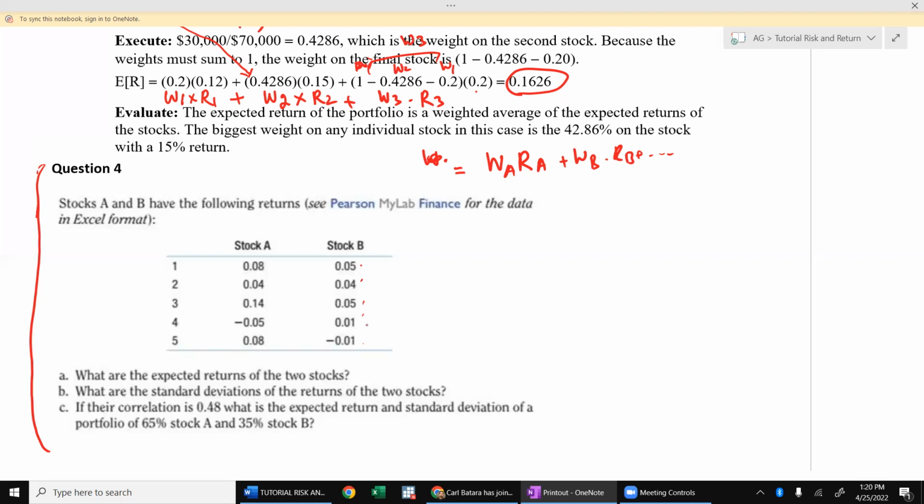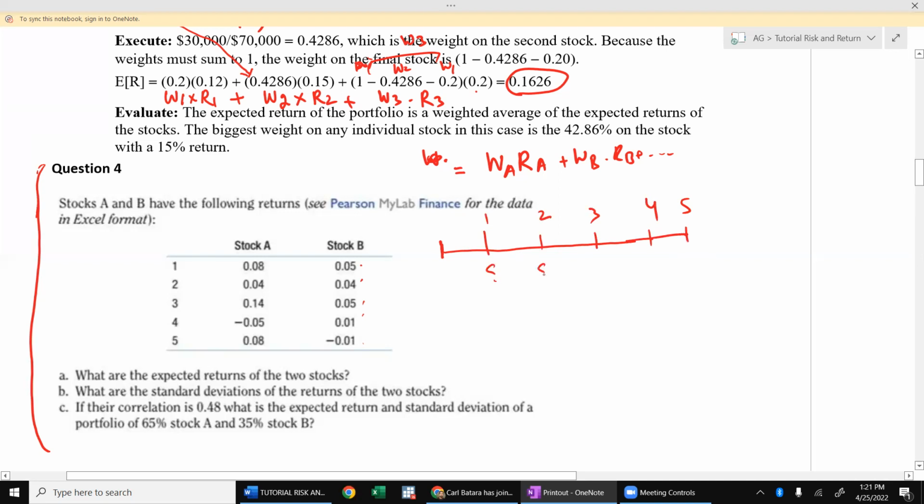First of all, if I draw a timeline, 1, 2, 3, 4, and 5, it means I'm talking about something in the future.